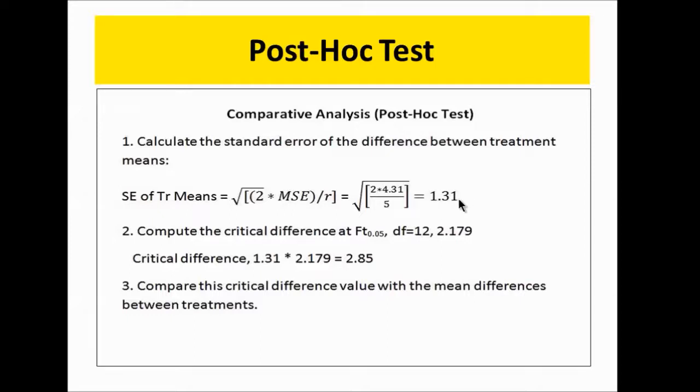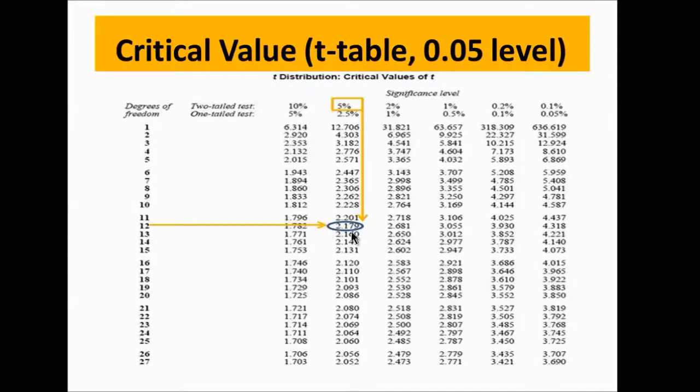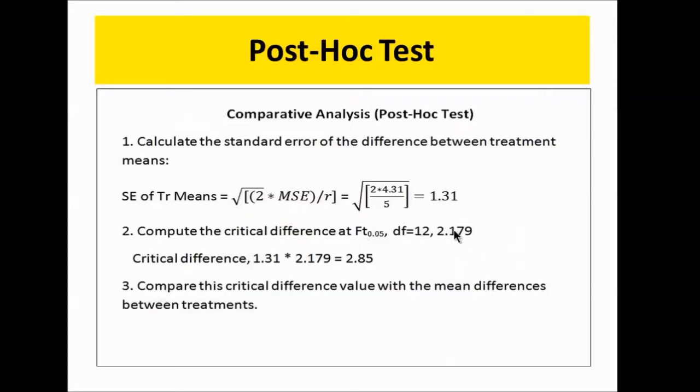Then we compute the critical difference. But first we have to determine the critical t-value under degrees of freedom of 12, and we obtain 2.179. This is where we obtain this 2.179. At 5% level and degrees of freedom of 12, the critical value is 2.179. This one.